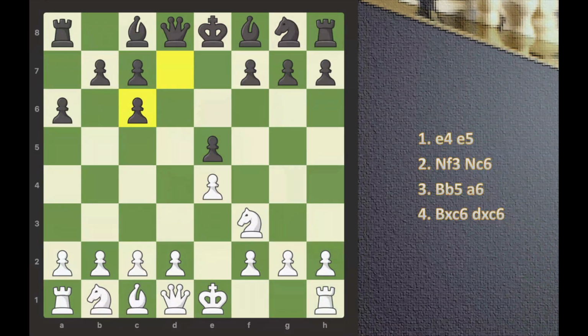The series of moves can also be written as shown here, in white and black pairs preceded by the move number and a period. Move number 1 e4 e5, then move number 2 Nf3 Nc6, move number 3 Bb5 and a6, and move number 4 for white it's B cross c6, and for black d cross c6. So this is how we write down the chess notation for the game.